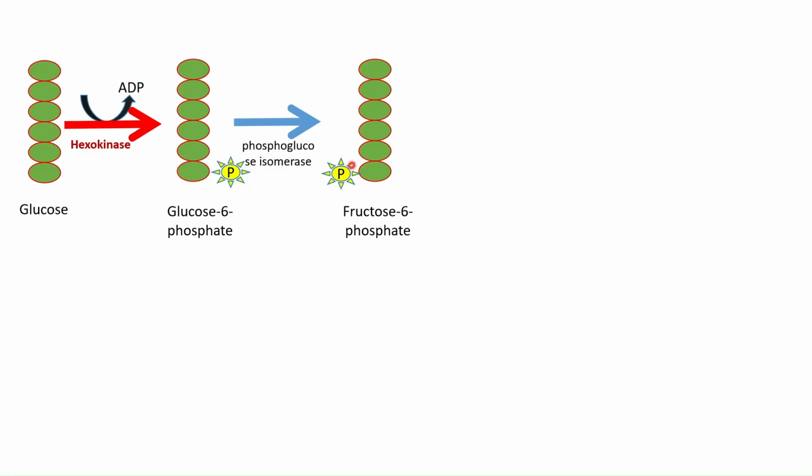Okay, now the second enzyme that is regulatable is phosphofructokinase, or PFK1. And what it's going to do is add an extra phosphate into this fructose 6-phosphate. Let's have a look.